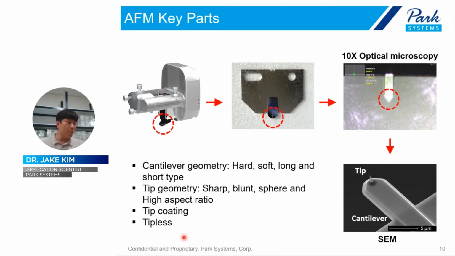So if you measure your samples using AFM, you should choose a proper cantilever and tip. Sometimes you have to choose very hard with a long or short tip, or if your sample is quite soft, then you have to choose a soft cantilever. Also, you should choose sharp or blunt, or sometimes high aspect ratio. This choice of cantilever or AFM tip is quite important.